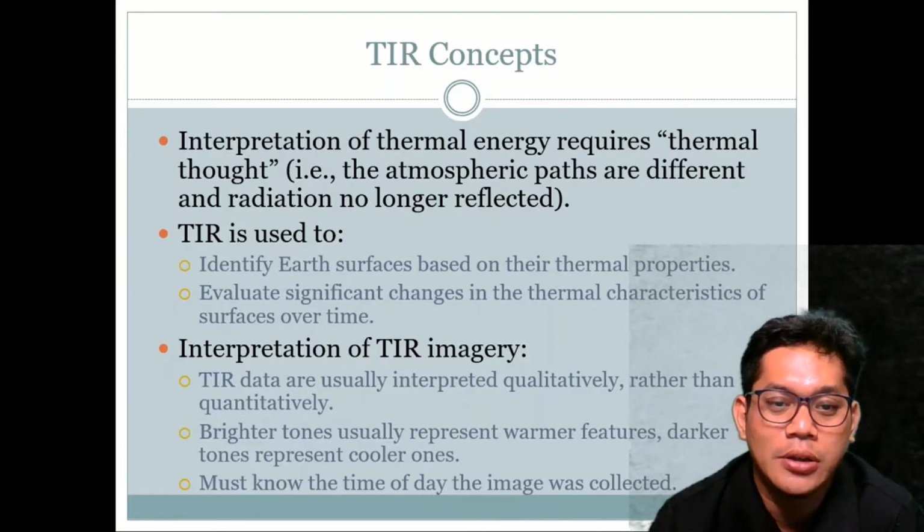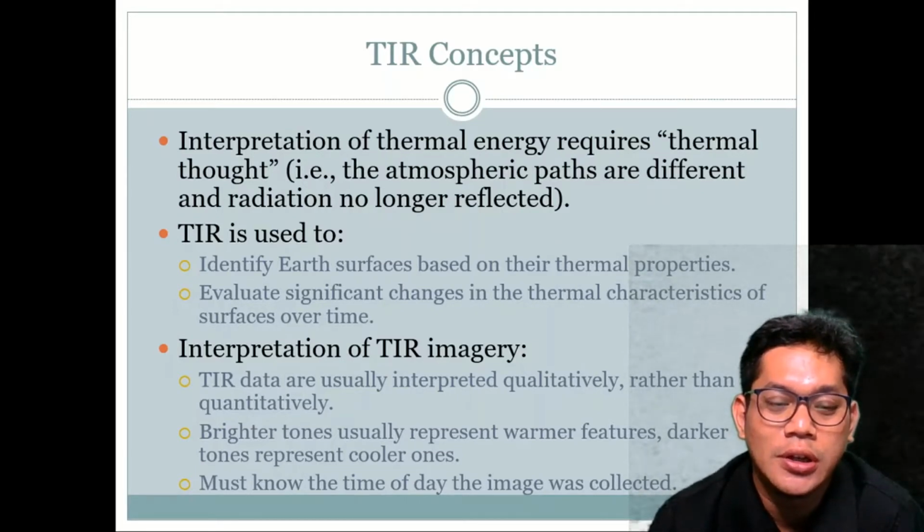Number two is to evaluate the significant changes. Over time, when the surfaces change, such as land use changing from agriculture area into urban areas, the thermal characteristics will change as well.